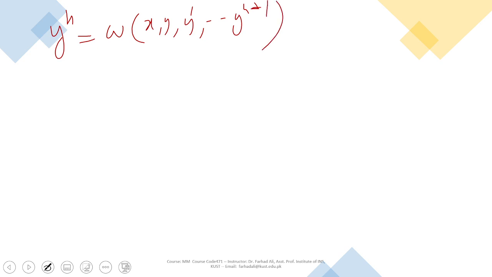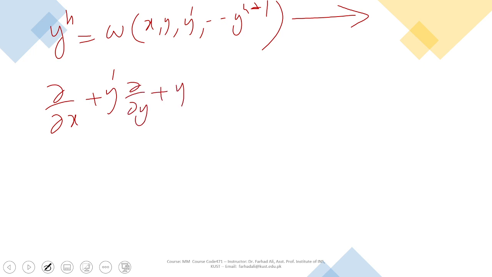If I have an nth order differential equation in this form, with y n expressed in terms of x, y, y dash up to y n minus 1, I can relate this to a first order partial differential equation: partial by partial x, y dash partial by partial y, y double dash partial by partial y dash, up to y n, which I put as omega, partial by partial y n minus 1.